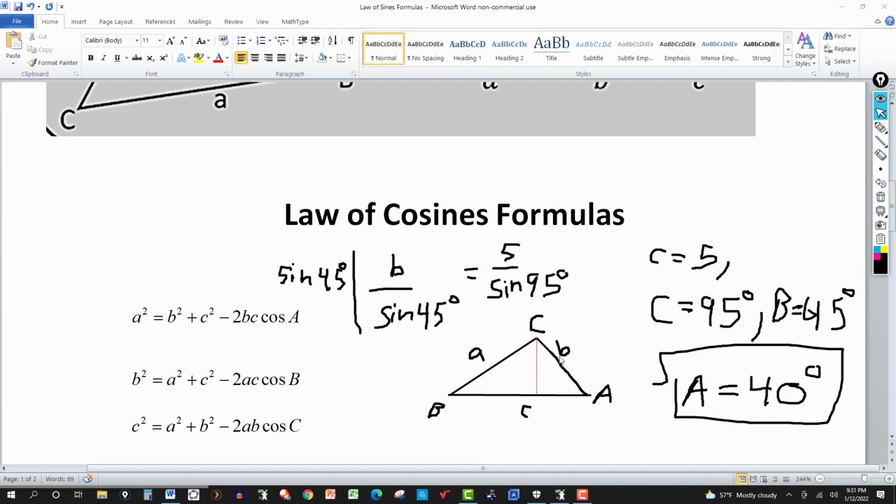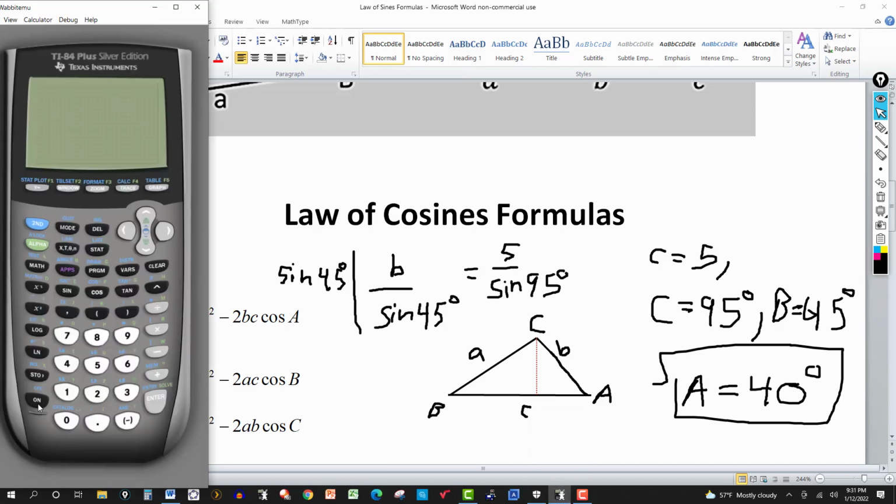So here's where I go to the calculator then. So do the right side first. It'll be 5 divided by the sine of 95 degrees. Hit enter. That computes that. And then I'm going to multiply that answer by the sine of 45 and hit enter.